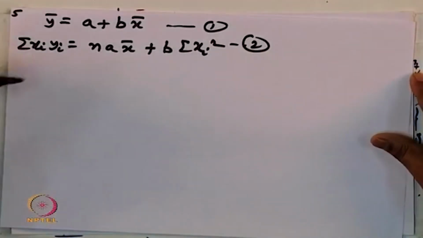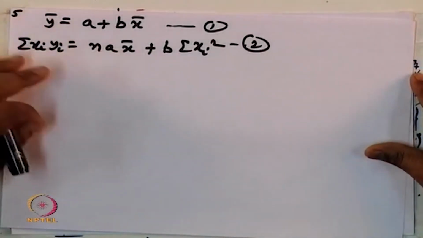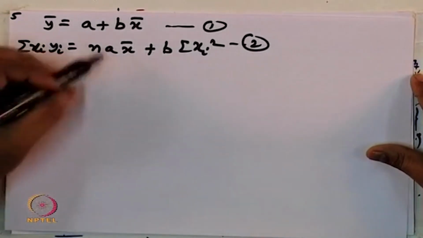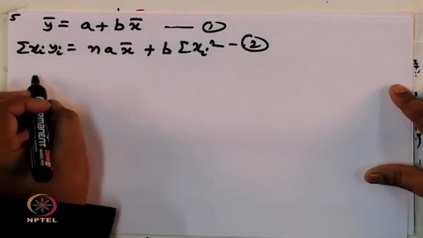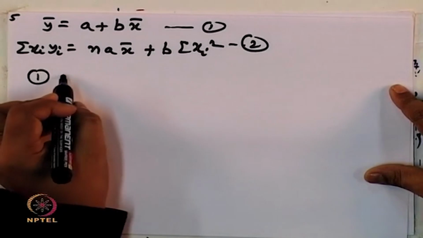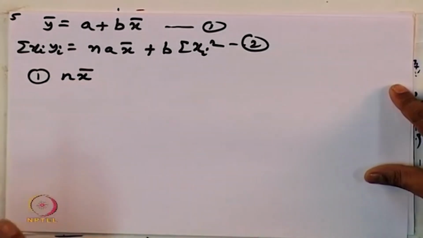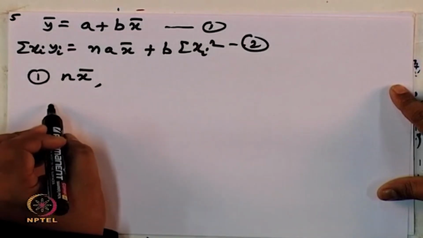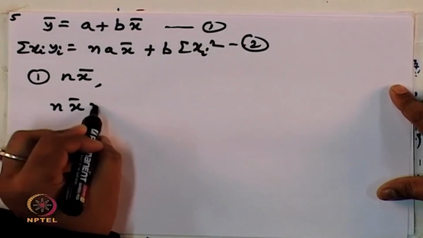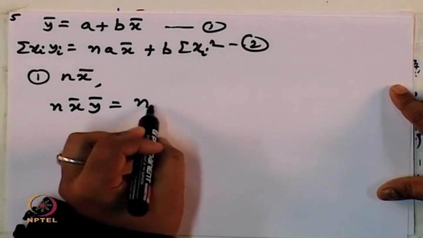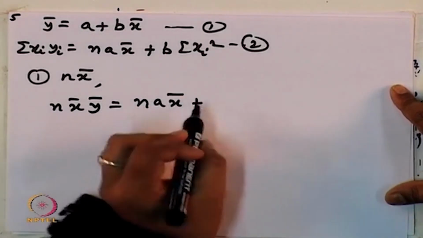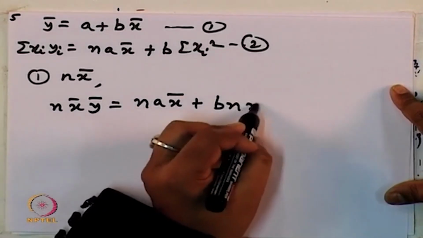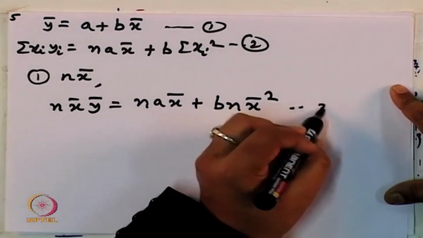I have two equations in two unknowns which are a and b respectively. Now, can I eliminate one? So, I can multiply first equation by n x bar and let us see what we get. Okay. So, I have n x bar y bar is equal to n a x bar plus b n x bar square. So, let us say this is equation 3.